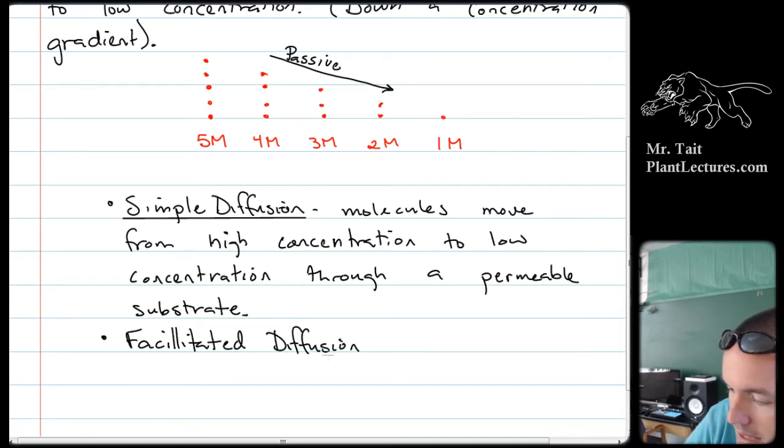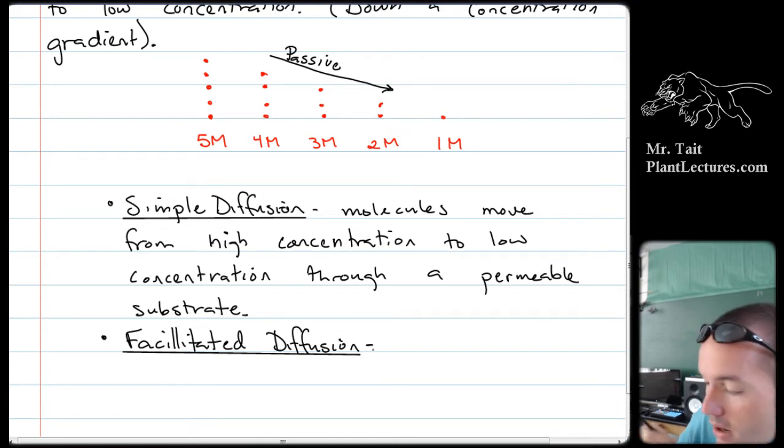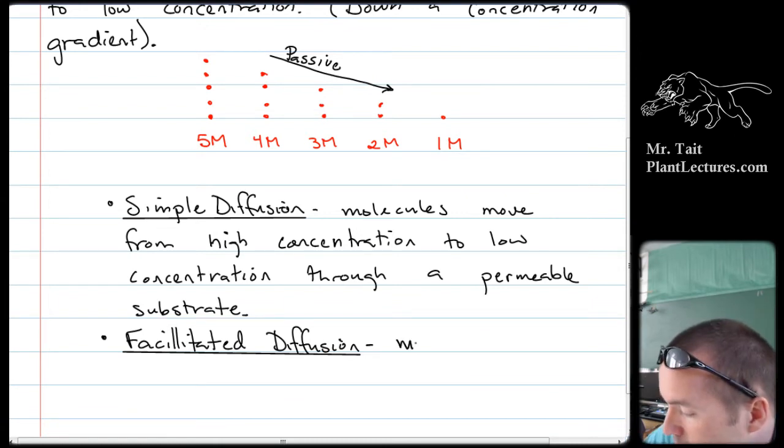Facilitated diffusion means that molecules are going to go from an area of high concentration to low concentration, but they are going to do so with the help of some other type of molecule.